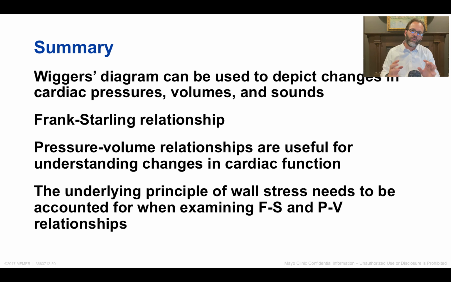And again, a real drive-home point here is that the principle of wall stress, we would argue, needs to be accounted for when you're examining the Frank-Starling relationship as well as pressure-volume relationships, because otherwise there are too many changes that can occur physiologically that ultimately influence the interpretation of your data and really can have you draw some flawed conclusions, despite the fact that outwardly it might look as though you're making the right measurements. It's just that you're not interpreting the entire data set appropriately.